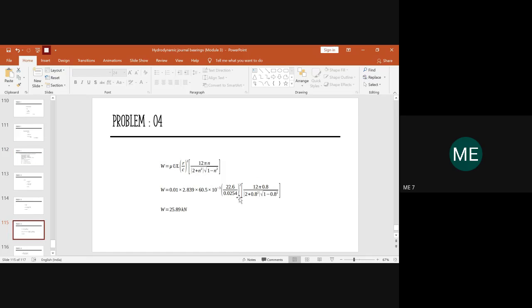You can multiply 10 raised to minus 3 in both numerator and denominator and show that it has been cancelled. Then the remaining thing is the same: 12 pi into n, the value will be 0.8, again (2 plus 0.8) whole squared into root of (1 minus 0.8 squared). So kindly check. You have the change in the velocity value, the viscosity, as well as the radius and the radial clearance of the journal. See whether you get the same value or not.